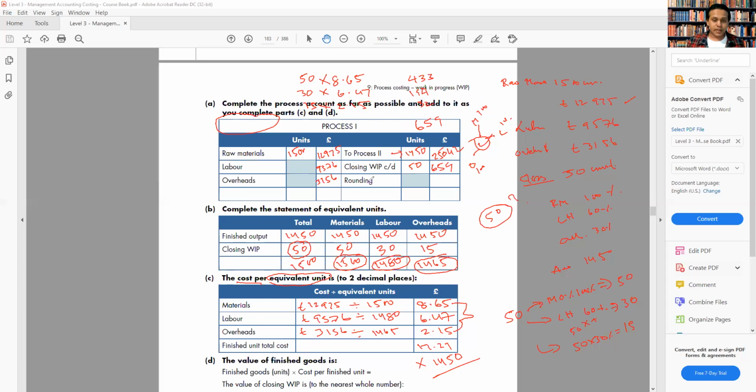The question said make it round. If there is a difference, the question said make it round. So let's do the debit side first, the left hand side. So on the left hand side, the unit is 1500. If I add these three, how much will it be? 12,975 plus 9576 plus 3156.